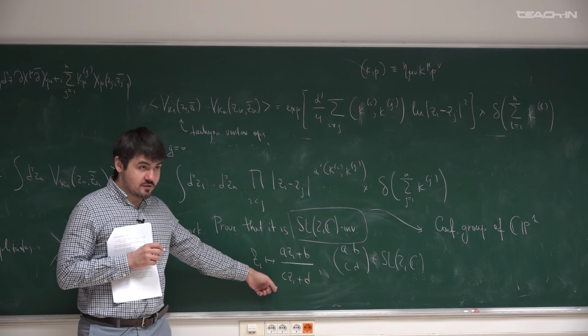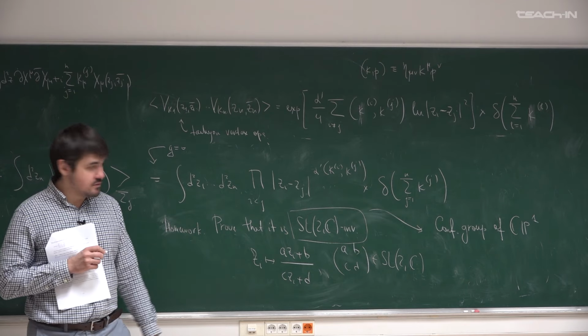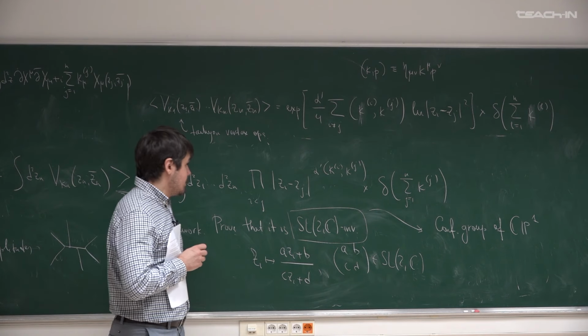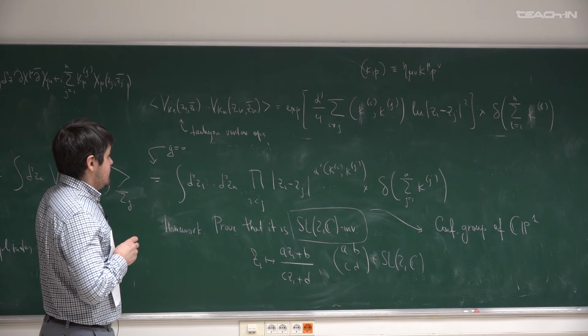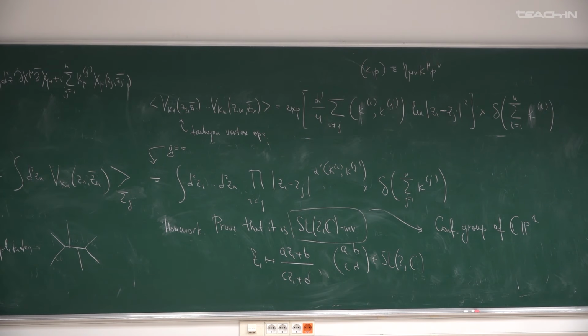But the important thing is that this is also a one-to-one map of a sphere to itself. Not every conformal map will map a sphere to itself. So that's the conformal group of CP1, and because everything was conformally invariant to start with, it's natural that this is invariant under the conformal group of the sphere, since we're on a sphere.